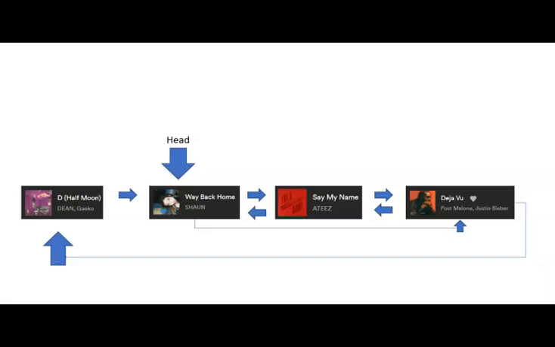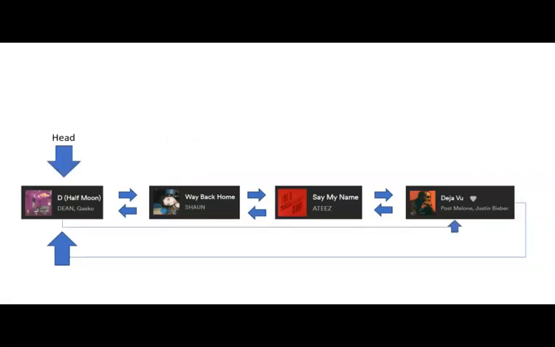Then we would have the head's previous point to the new song. And lastly, we would have our new song point to the last song to complete this doubly circular linked list. And finally, we would declare our new song as the head.